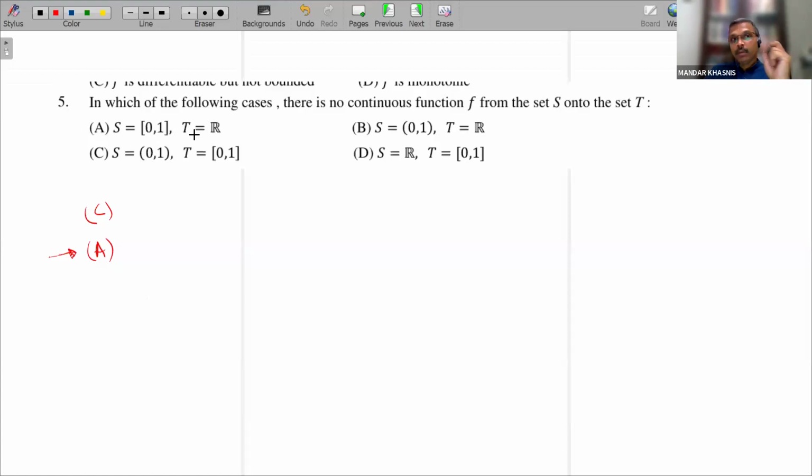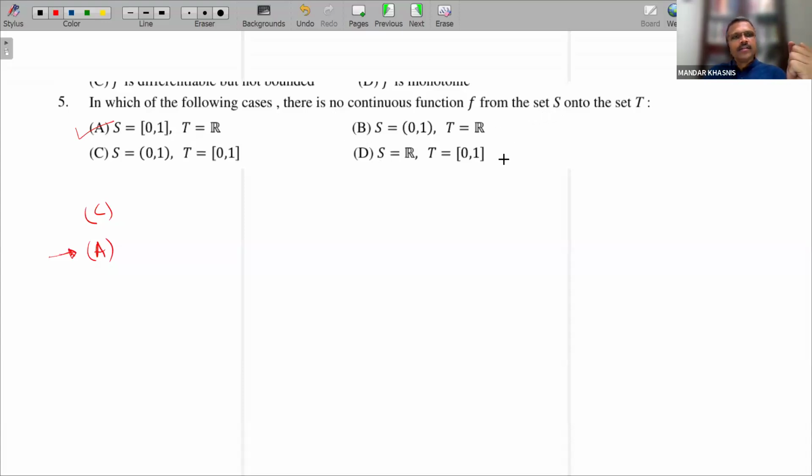Right. In this statement I'm using both the things. One, the intermediate value theorem also is being used when we say closed and bounded interval. But anyway, this is definitely not continuous. There is no continuous function that exists. But then, it's a nice exercise to actually confirm that for B, C, and D you can find some continuous function from S to T which is onto.